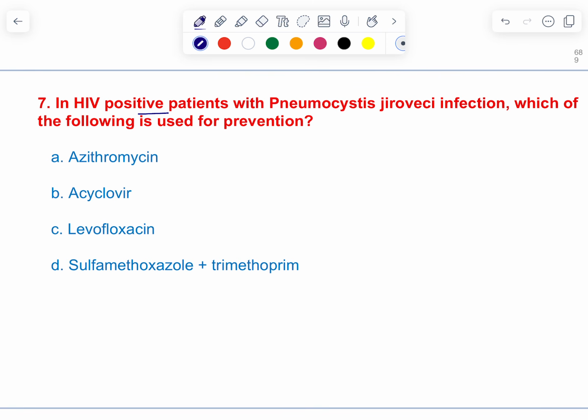In HIV positive patients with Pneumocystis jirovecii infection, which of the following is used for prevention? Azithromycin, acyclovir, levofloxacin, trimethoprim-sulfamethoxazole. Please remember, Pneumocystis jirovecii infection is very common in immunocompromised patients, and it causes interstitial pneumonia.